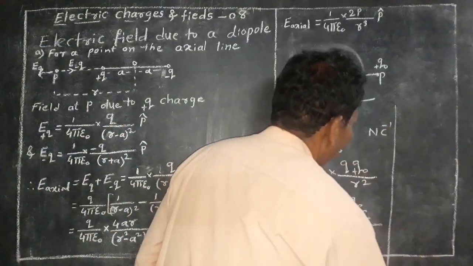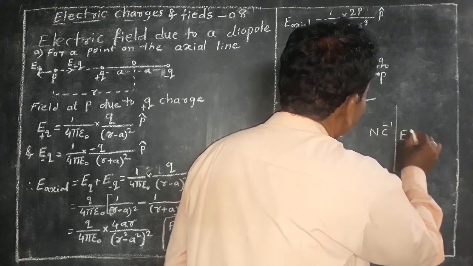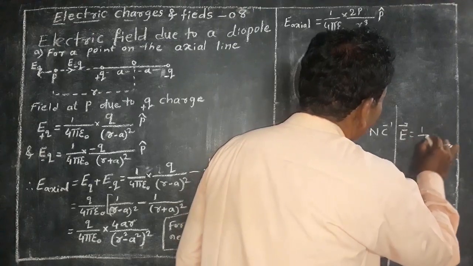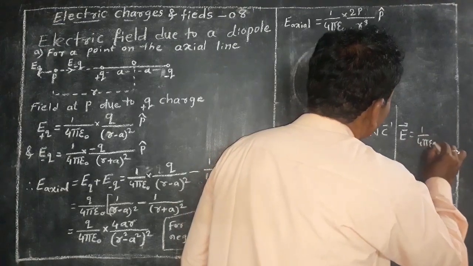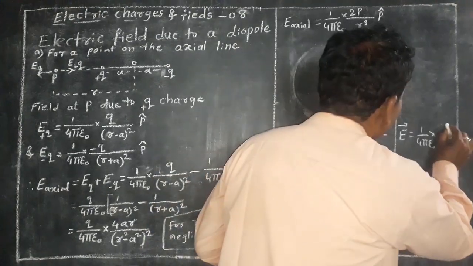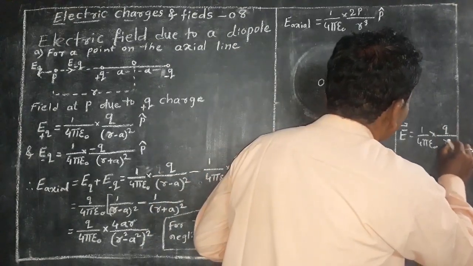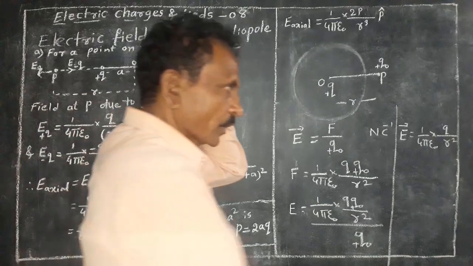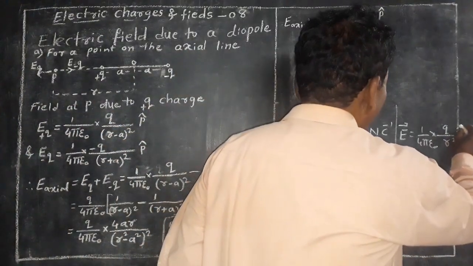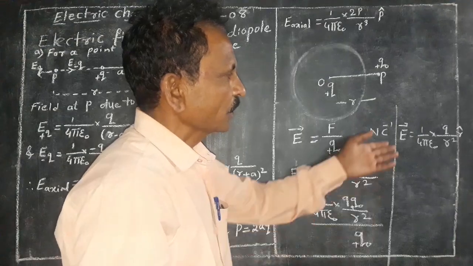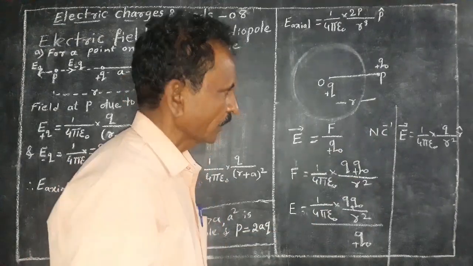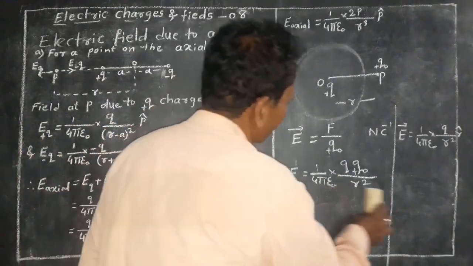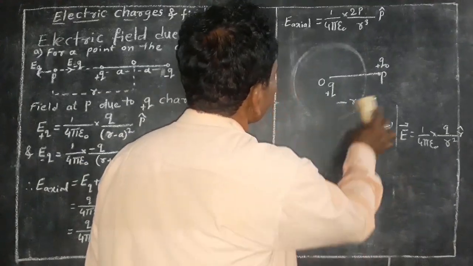Therefore, the electric intensity at a point in an electric field due to a point charge is E equals 1 upon 4 pi epsilon naught into Q upon r square into r cap, where r cap gives the direction of the electric field.